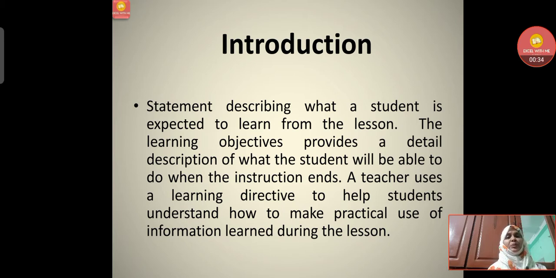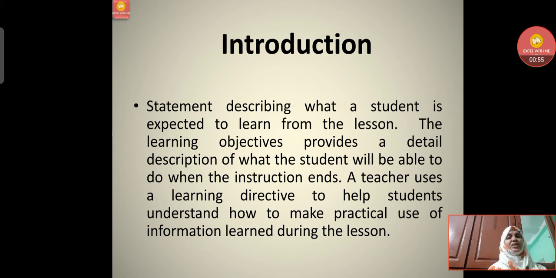Learning objectives provide a detailed description of what the student will be able to do when the instruction ends. That means after our teaching, what the student will be able to do, that means understand, know, differentiate, that is a learning objective.